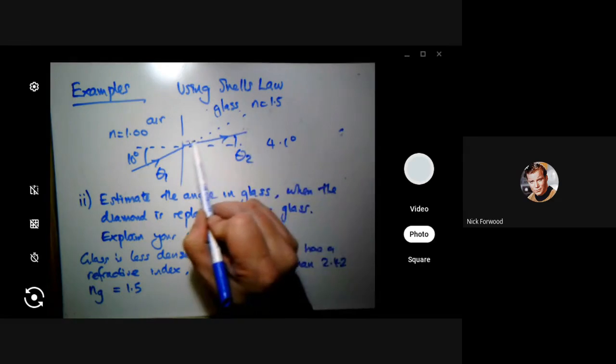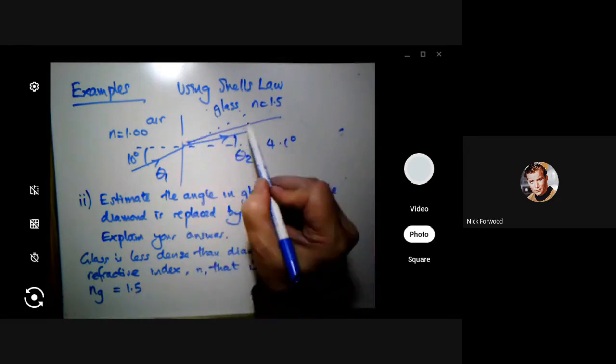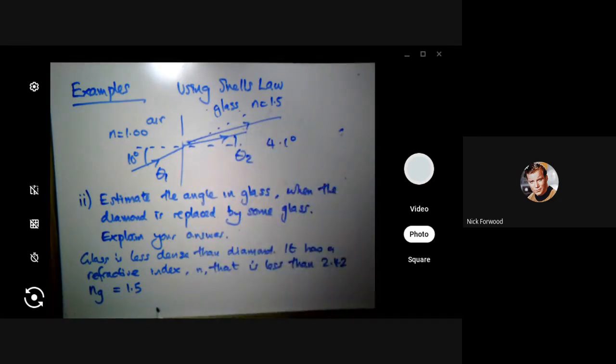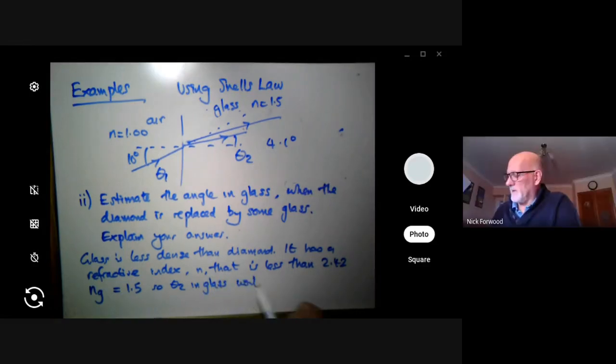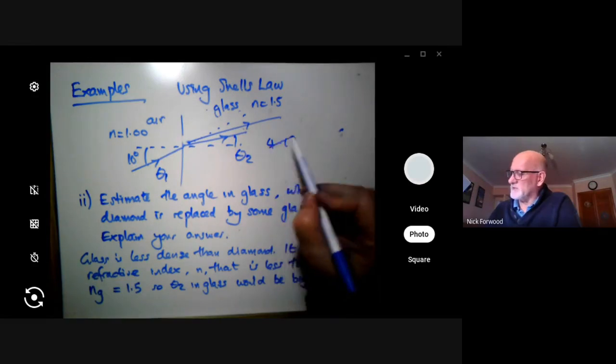It doesn't get bent as much, but theta 2 is going to be a bigger angle. So theta 2 in glass would be bigger than that angle we got in diamond, which was 4.1 degrees.